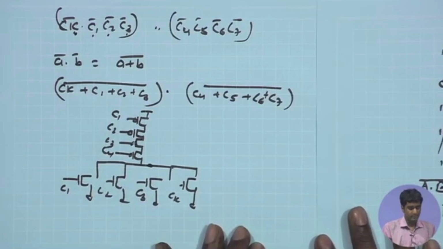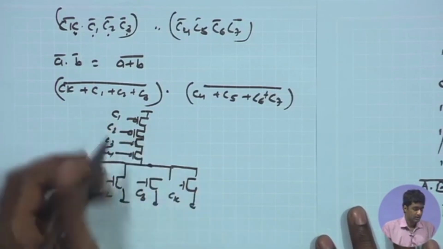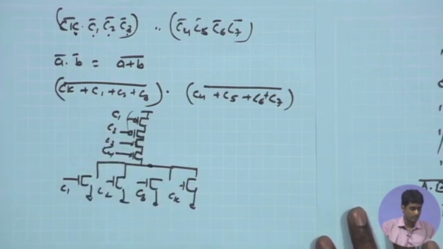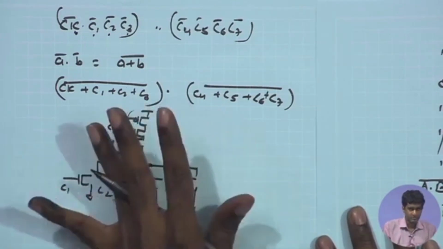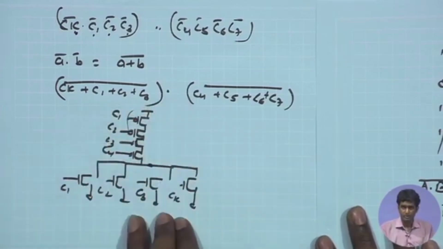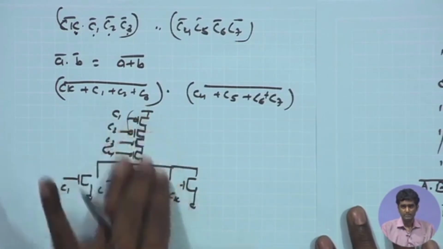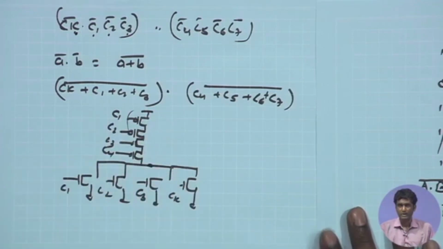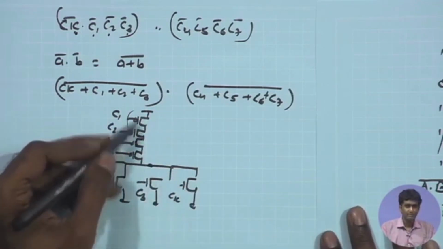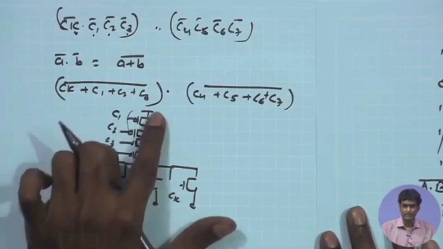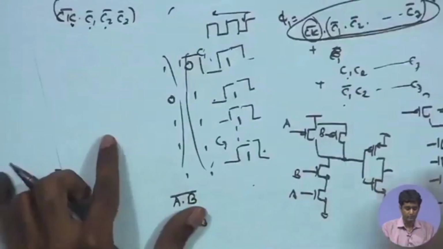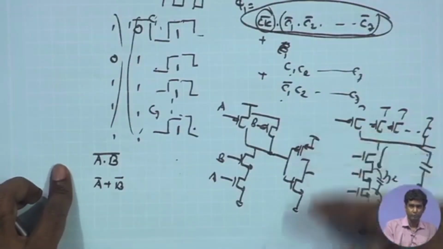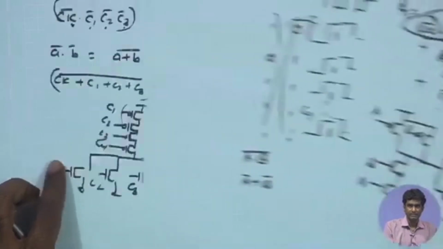And one important point to be noted is that, in general, the mobility of the PMOS in 180 nanometer can be half the mobility of NMOS, and as a result, the speed of the PMOS transistor can be half the speed of the NMOS transistor for the same dimension. So, if you stack PMOS transistors, it leads to slower speed than if you stack NMOS transistors.